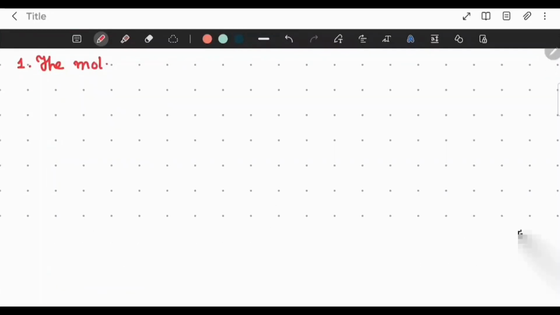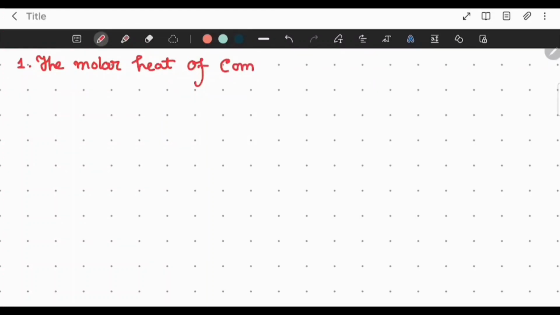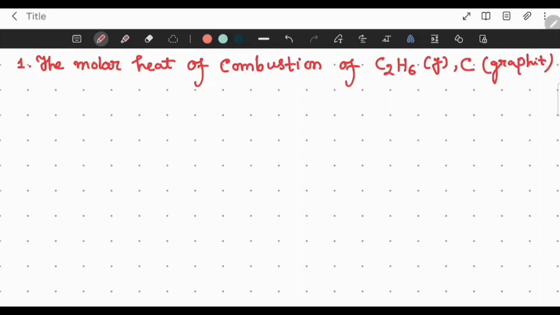The molar heat of combustion of C2H6, which is a gas, carbon in graphite form, and H2, that is also in gas form.